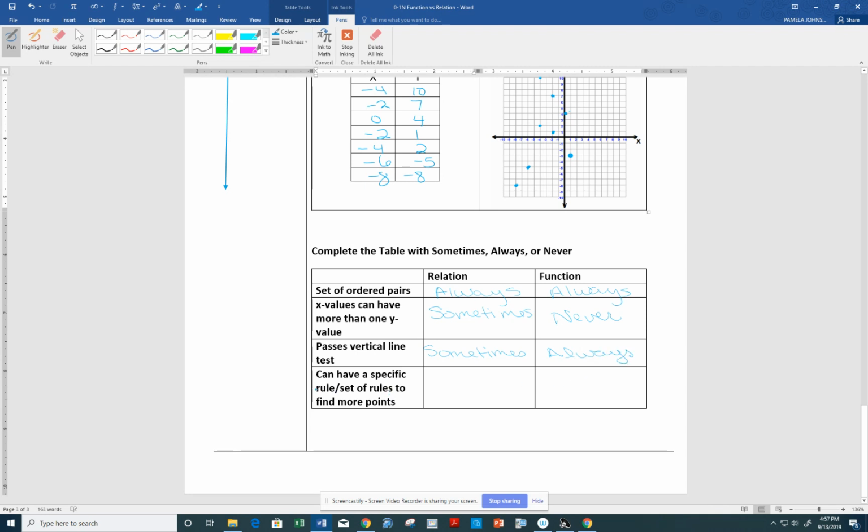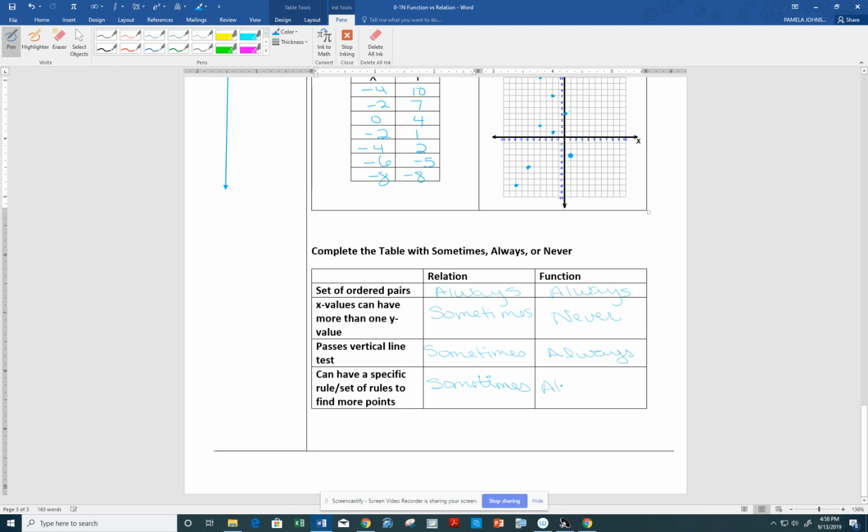Can it have a specific rule or set of rules to find more points? Sometimes. Sometimes a function or a relation will have a specific rule to find a set of points. And a function always will.